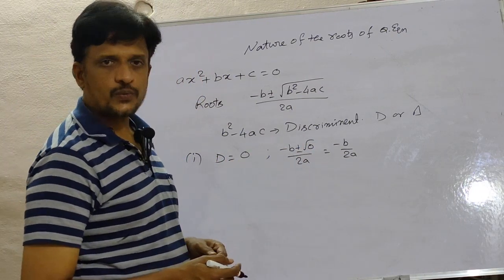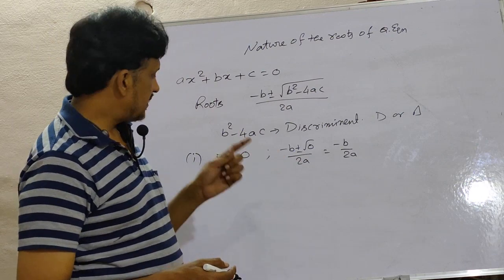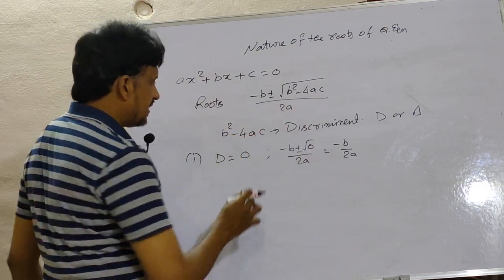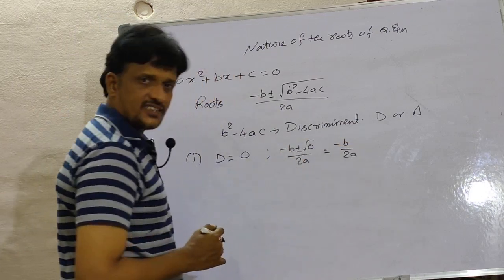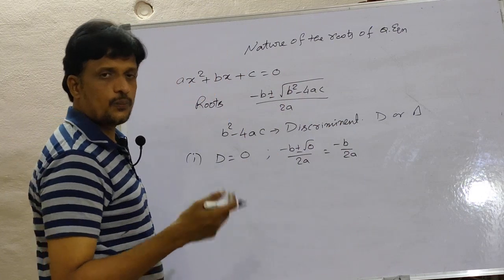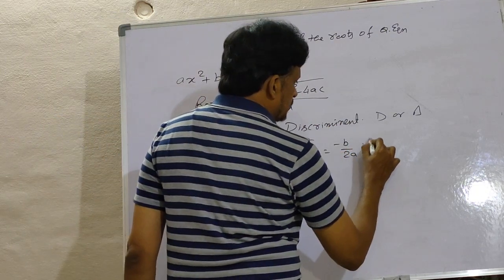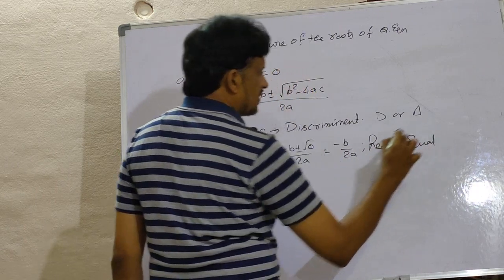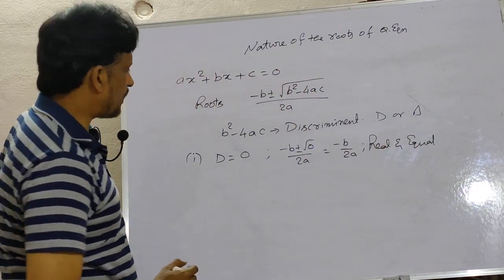That means minus b by 2a is equal to both the roots. So when delta is equal to 0, the first root is minus b plus 0 by 2a and the second root is minus b minus 0 by 2a. So both are equal. Here the roots are real and equal.